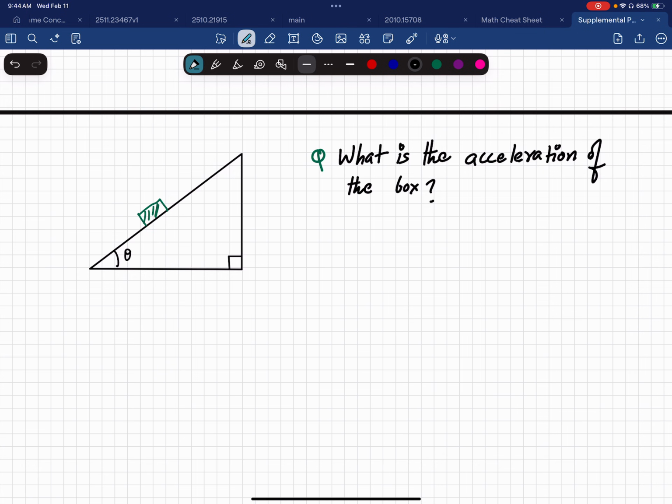The box is of mass m. And here, the coordinate space that we are taking will be along the surface. As I said, my coordinate axes are always and always along the surface.